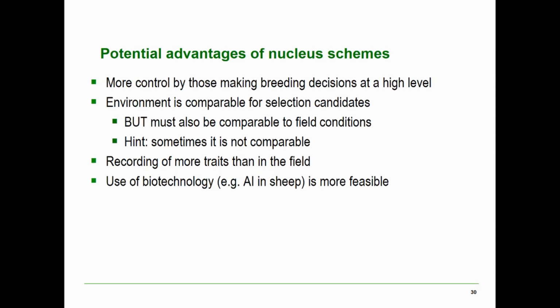The environmental conditions are usually comparable for the selection candidates, as I mentioned, because they are usually in the place where also the production herds are. So, for example, the climatic conditions are similar. We need to ensure that the overall conditions on feeding and everything else are also comparable to the field conditions.